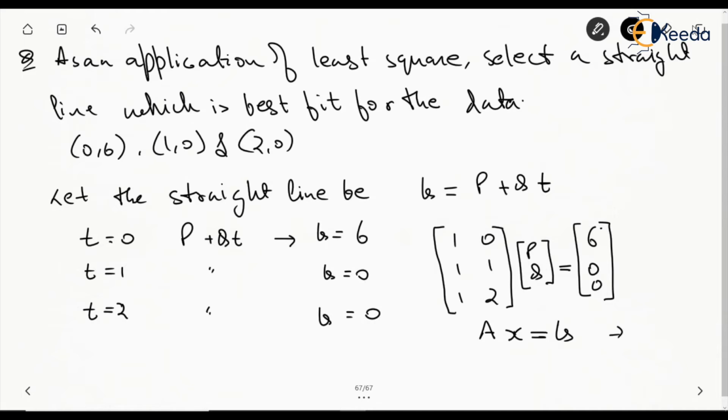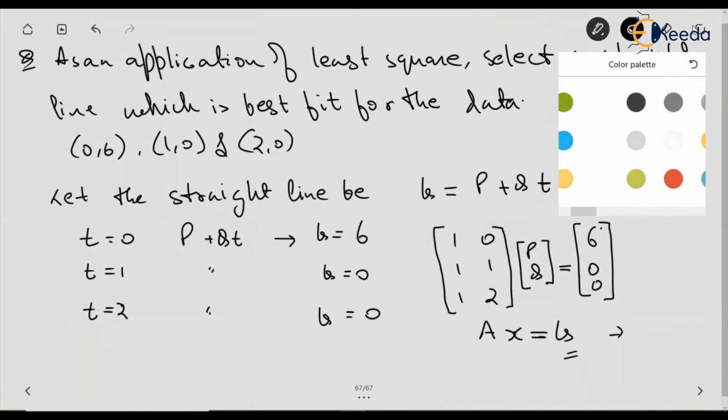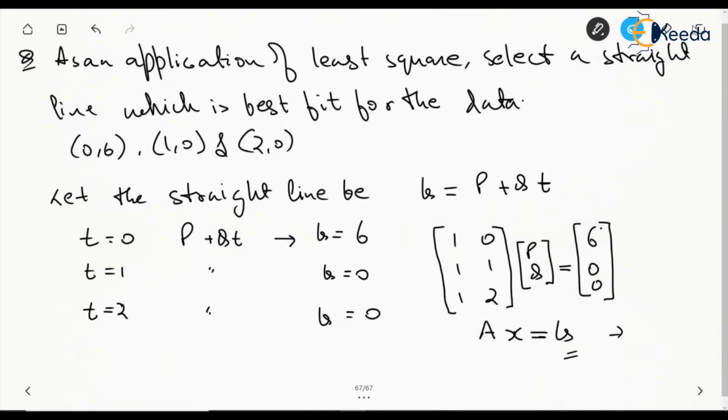Now if you check the properties we have used in linear algebra, we will see that there is no such solution which will satisfy this equation or this matrix we have formed. Right? So where are these points coming from? P plus QT.